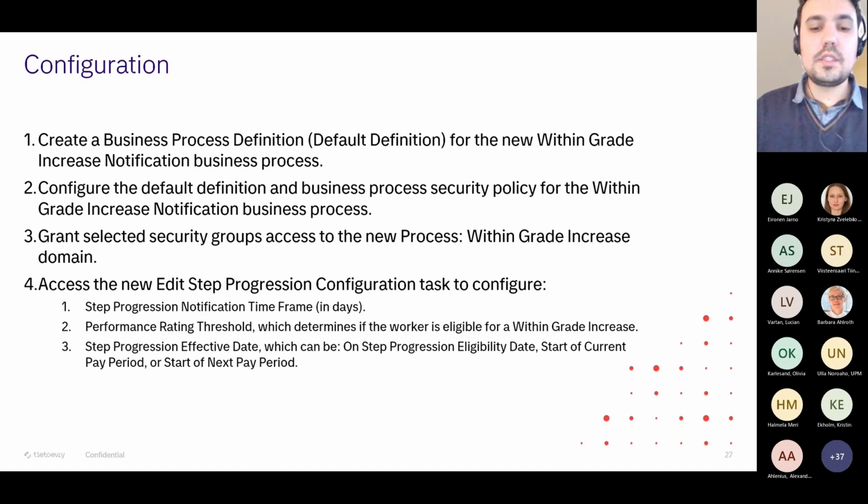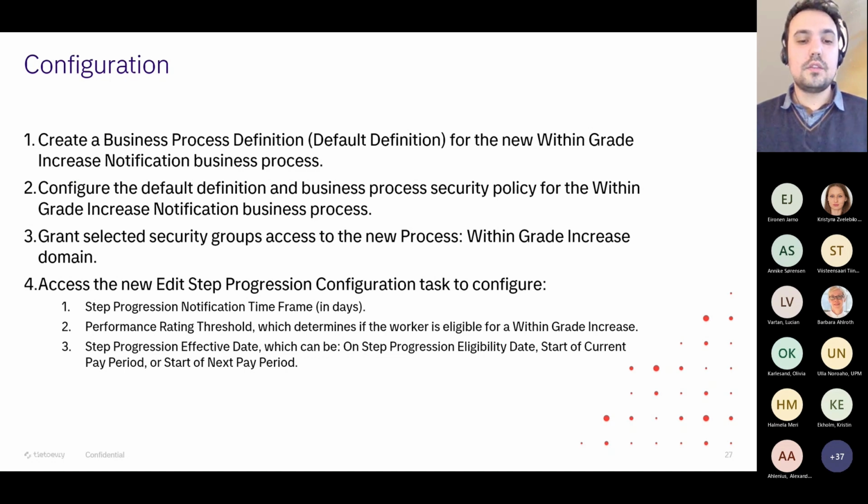So you have more flexibility for managers to decide if they accept the progression step or deny it. For this feature, we have a new business process definition, called within grade increase notification, that you need to create.